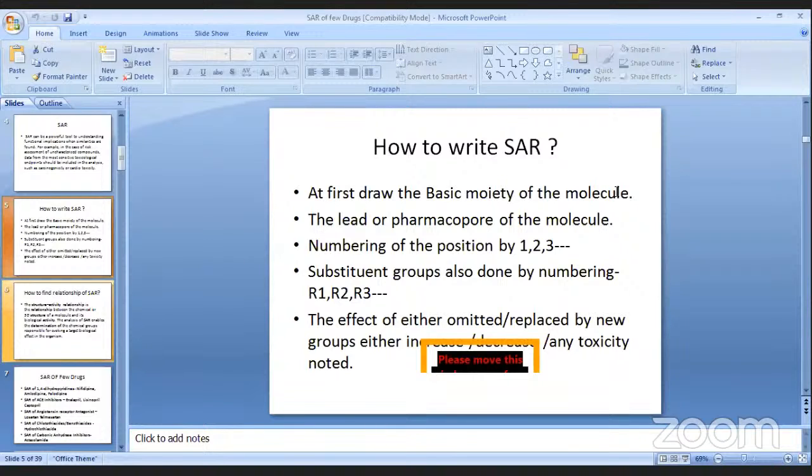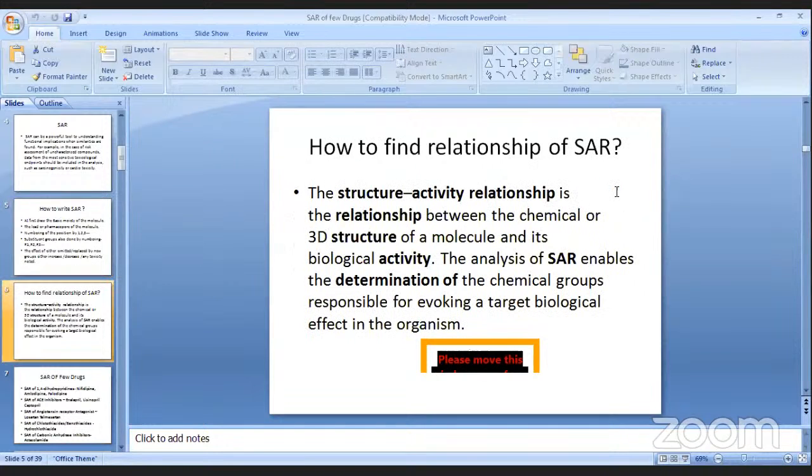And after writing, find out the relationship. What is the relationship between the chemical structure and the 3D structure? If you go for the chemical structure in 3D, then you can place a group either in the front position or in the back side of the molecule, and you will get different activity.